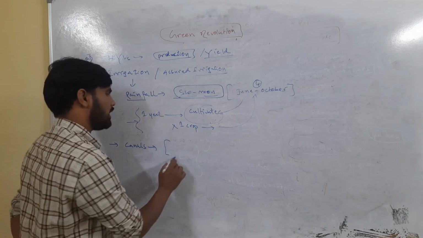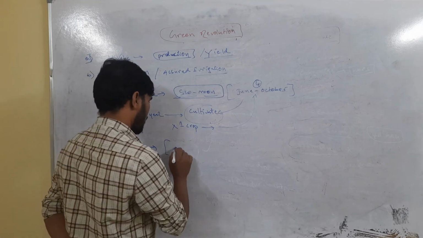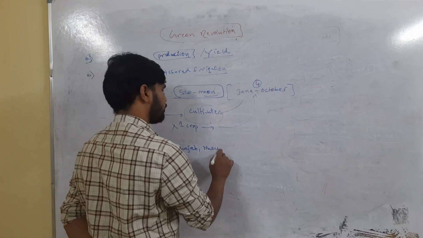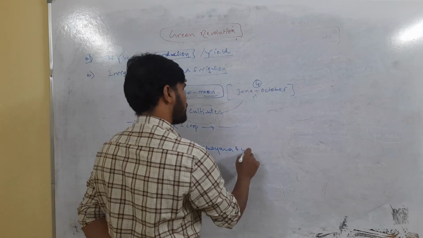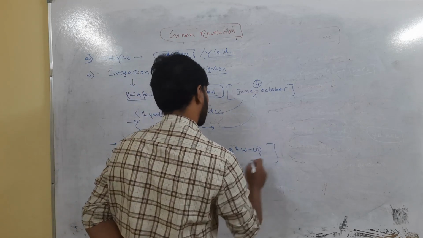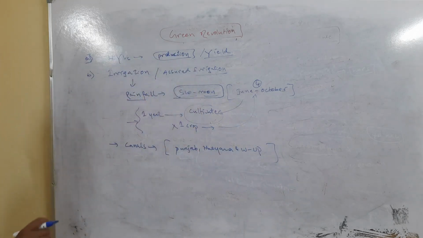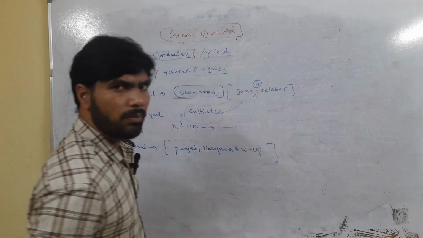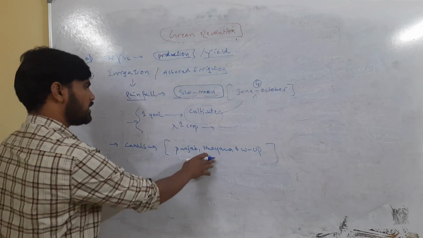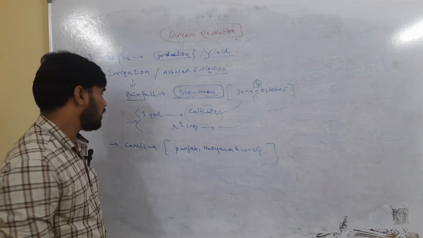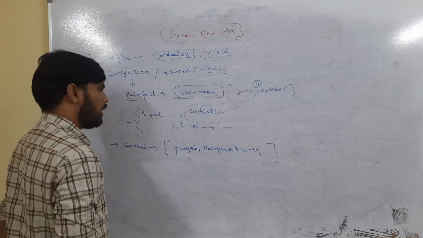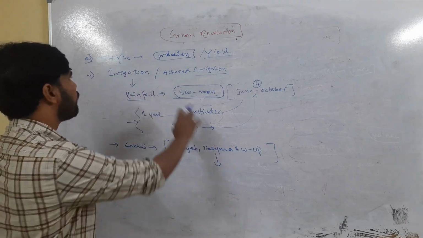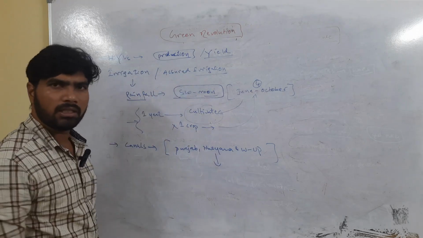Especially these canals have been developed in the region of Punjab, Haryana, and western Uttar Pradesh. This area is known as the heartland of the green revolution, but I will explain that a little bit later. One more small thing we have to understand: why was this area chosen for cultivating these high yielding varieties?